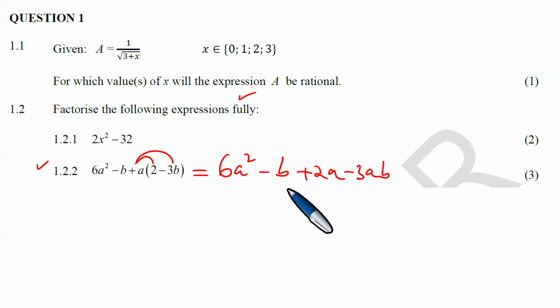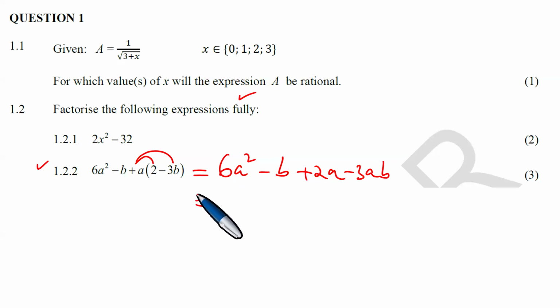Then what do we do next? We collect the like terms. If we collect the like terms, what do we get here? 6a squared minus 3ab.